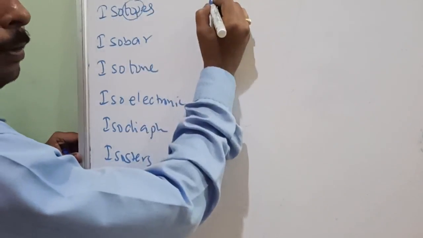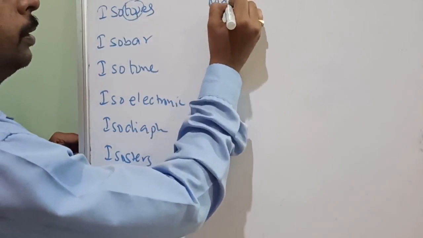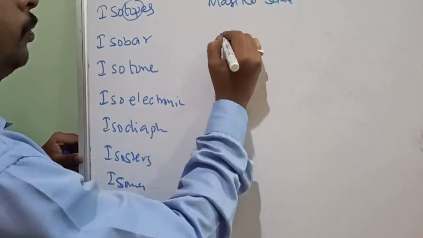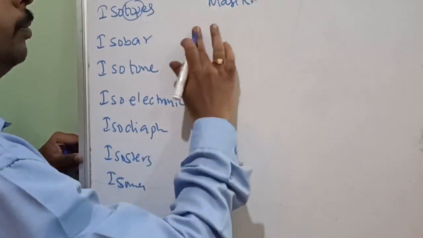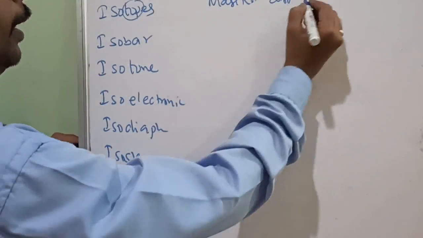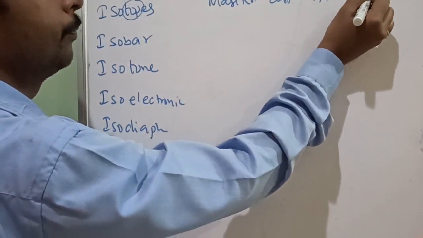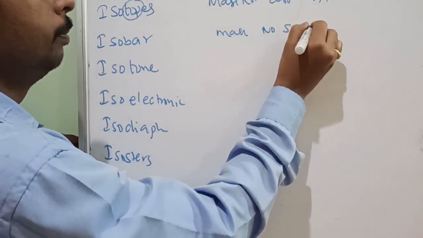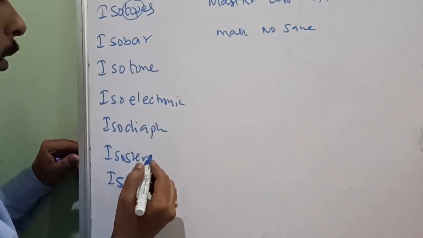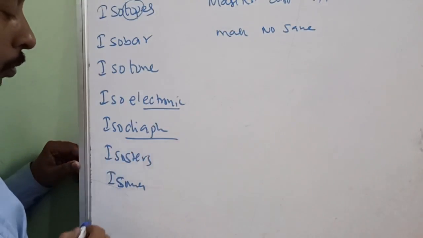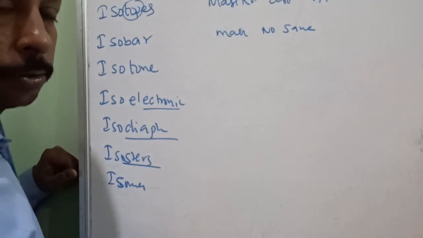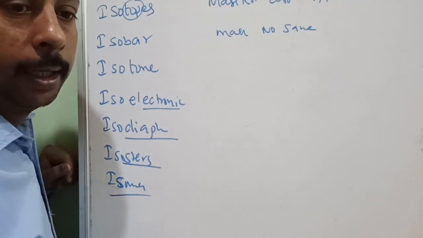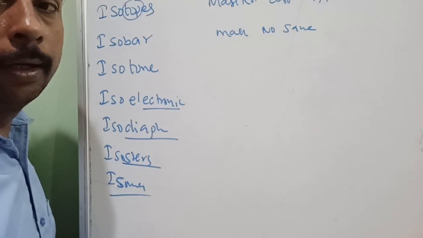Isotopes: atomic number same, mass number different. Isobars: same mass number. Isotones: neutrons are same. Isoelectronic: electrons are same. Isodiaphers: isotopic excess mass is same. Isosters: number of atoms and number of electrons in the molecule should be same. Nuclear isomers: energy of nucleus should be different.